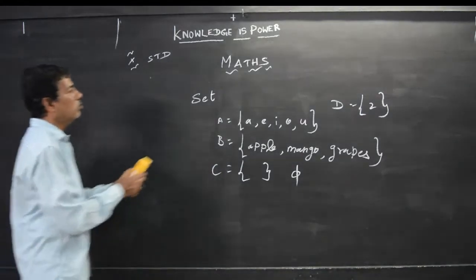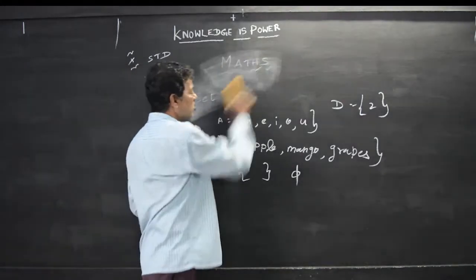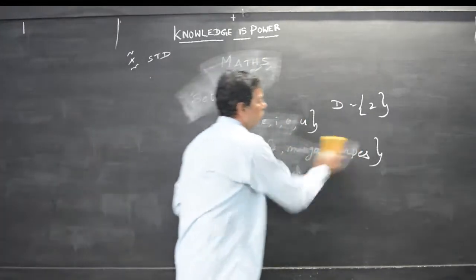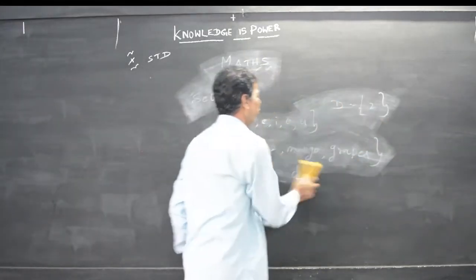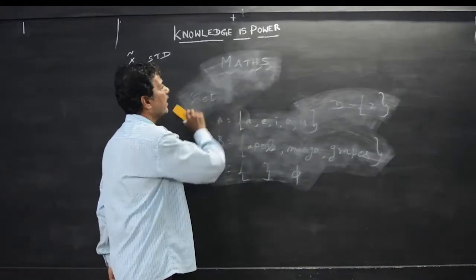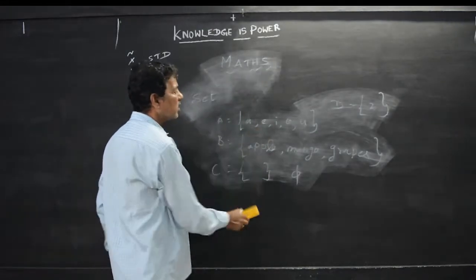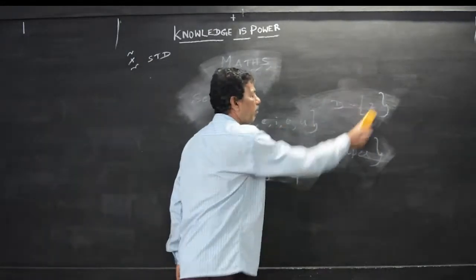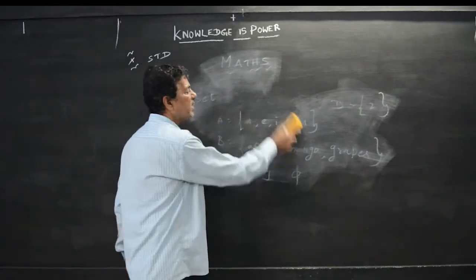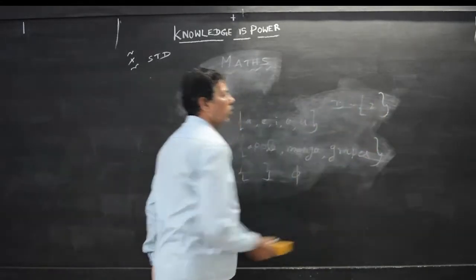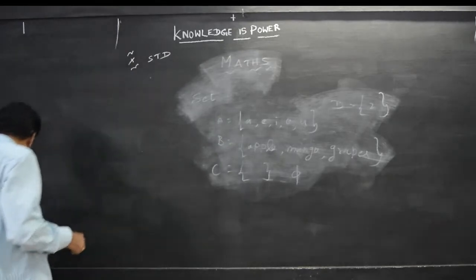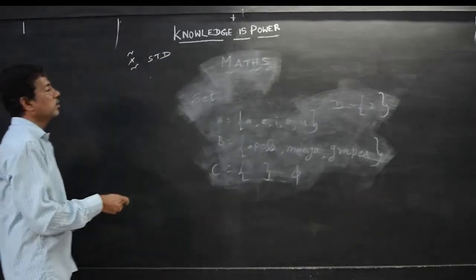Shall we start now the portions present in the new syllabus? These are all the functions we studied last year. You have to recall what is a set, what is the cardinal number of a set, what is an empty set, and how we have to write the elements in the set.